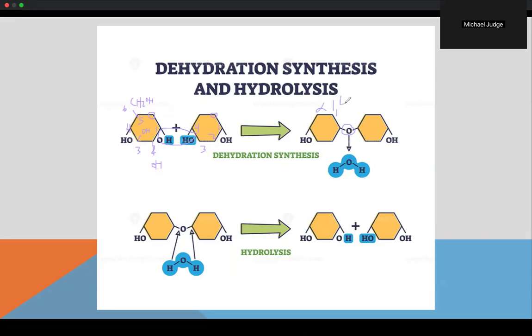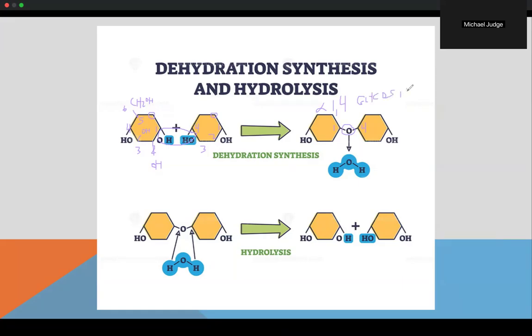Because we're linking the alpha form of glucose, we call it an alpha linkage. Because we are linking the first carbon of one alpha glucose to the 4th carbon of another alpha glucose, we call it an alpha 1,4 linkage. And because we're linking glucose, we call this a glycosidic linkage.